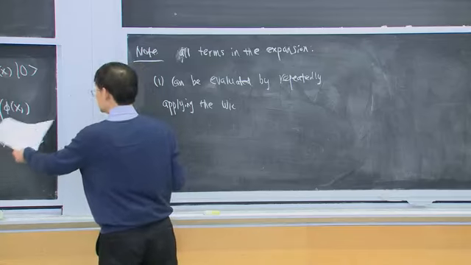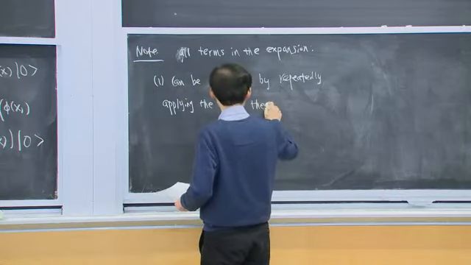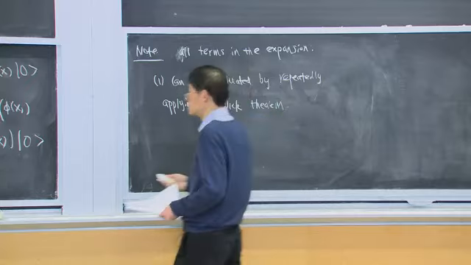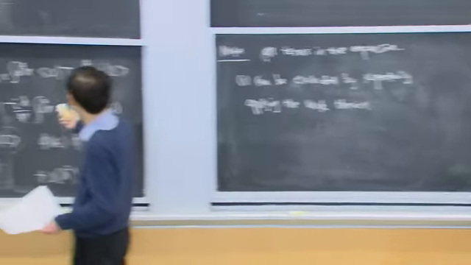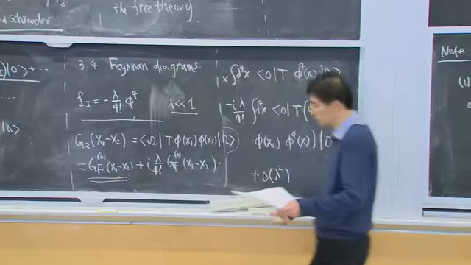Any such functions all factorize into 2-point functions, and the 2-point functions are essentially just given by G_F^0, the free theory 2-point functions.